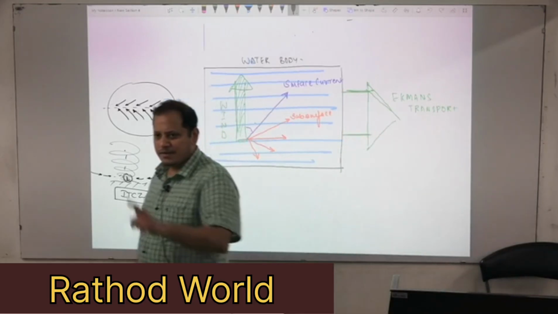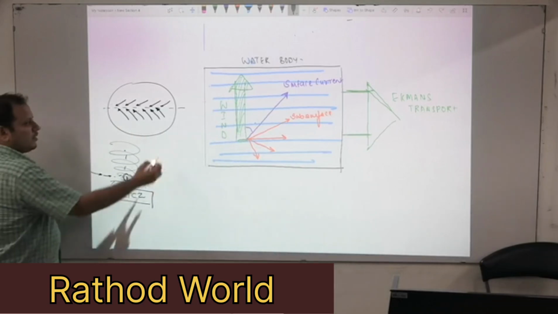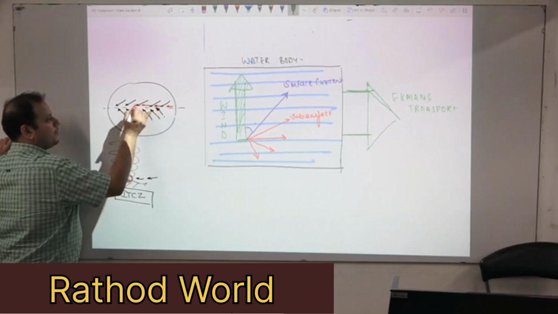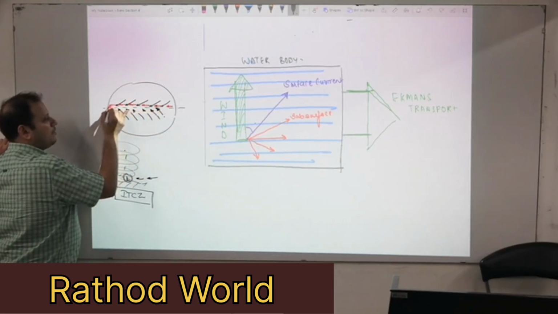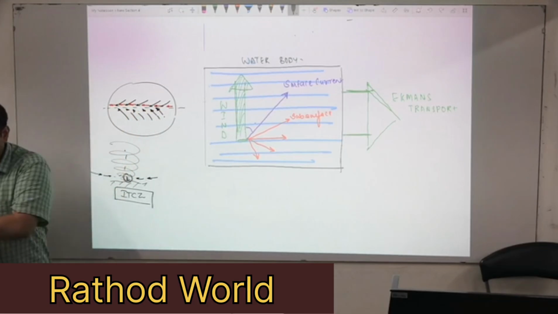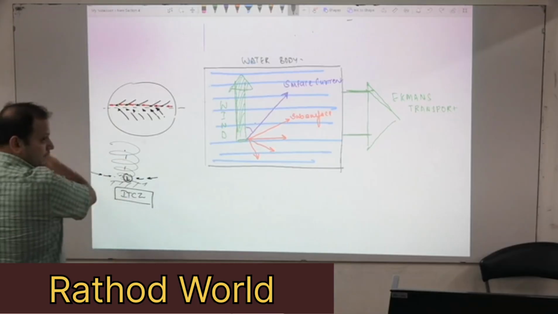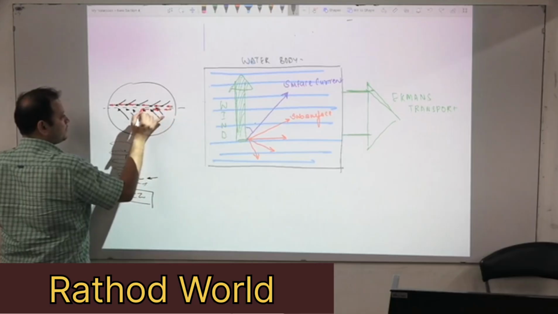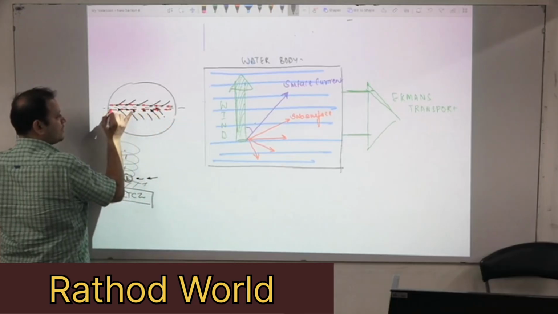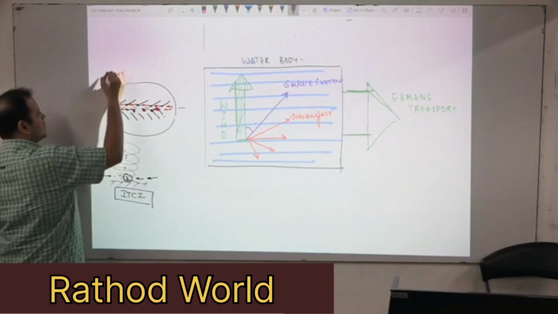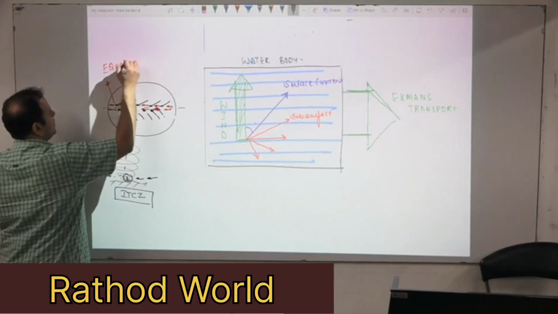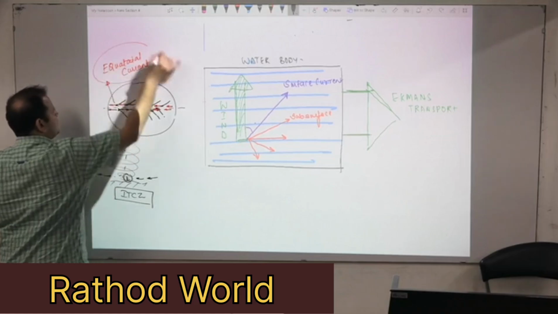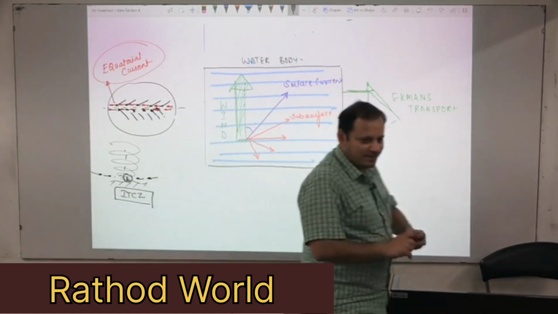The wind is like this. Ekman transport says that currents always flow perpendicular to the wind direction, to the right in the northern hemisphere, to the left in the southern hemisphere. So Ekman transport gives rise to the equatorial current. Understanding?